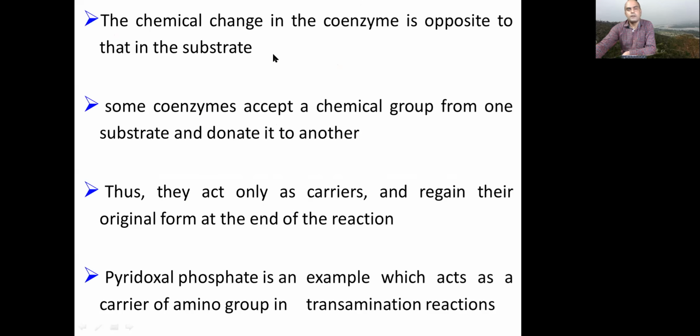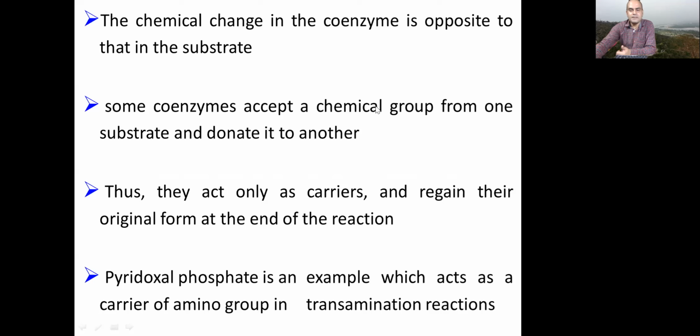Now, the chemical change in the coenzyme is opposite to that in the substrate. In most cases, coenzymes do not change themselves. They only transfer different groups, and in the end they get regenerated.